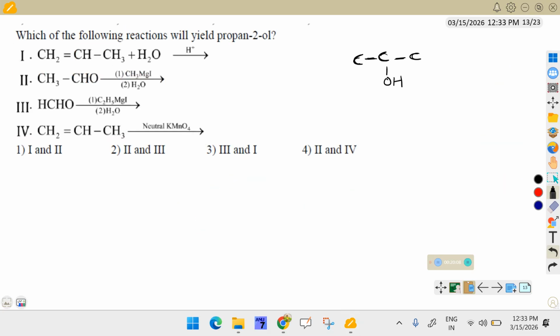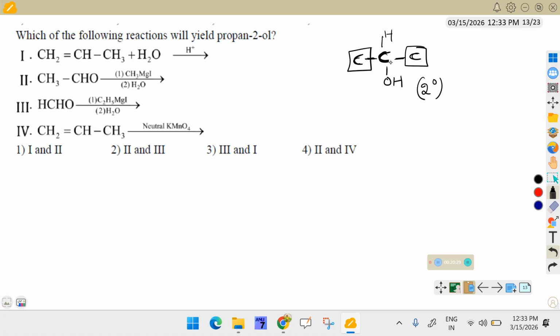See the next question. Which of the following reactions will yield propan-2-ol? This is propan-2-ol. Propan-2-ol is a 2-degree alcohol because the carbon with the OH group is directly attached to two other carbons.